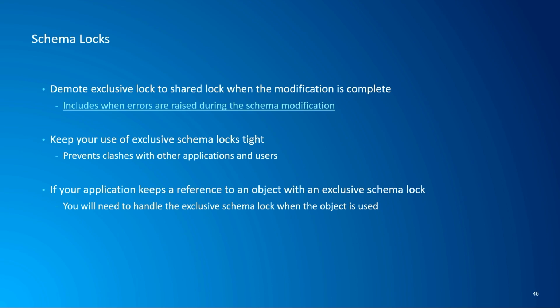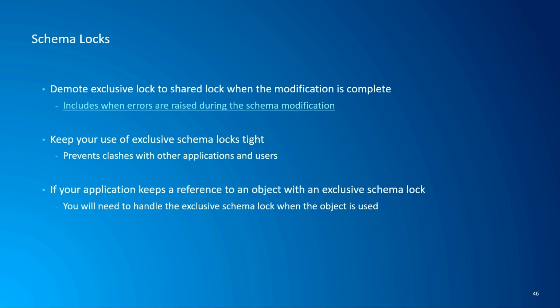So like I said, as a developer, it's our responsibility to take and demote these locks to make sure that other people can then access the class afterwards. It's also a really good idea to keep the length of the exclusive lock to a minimum.